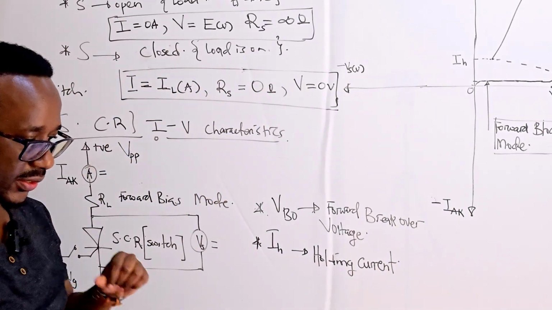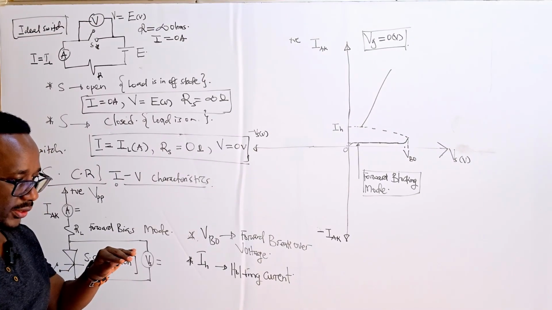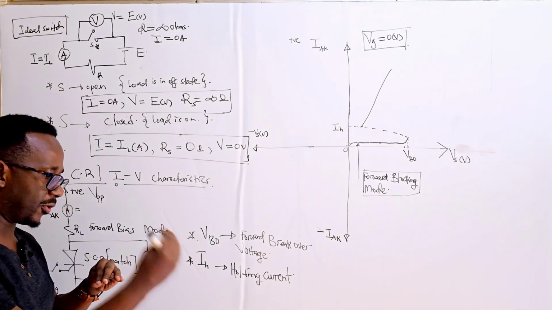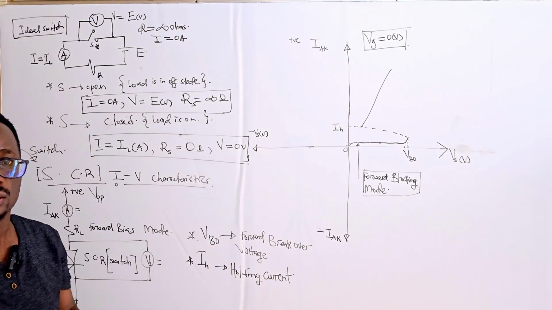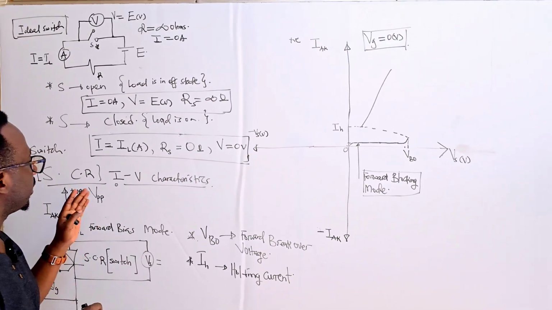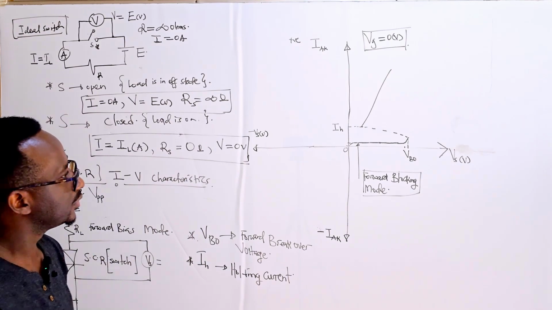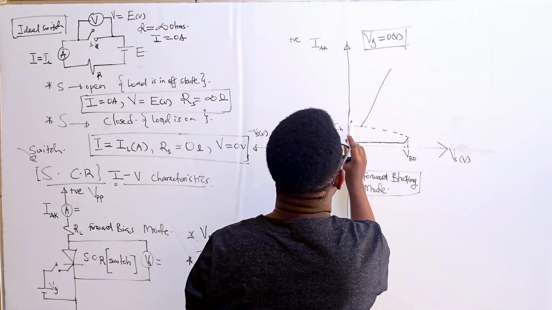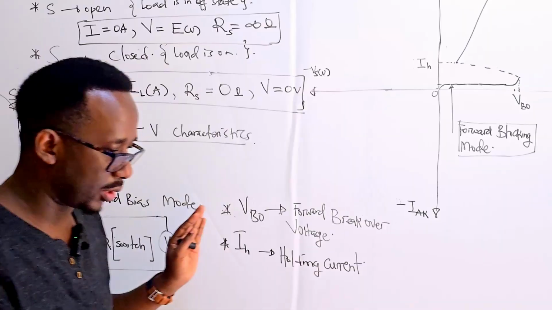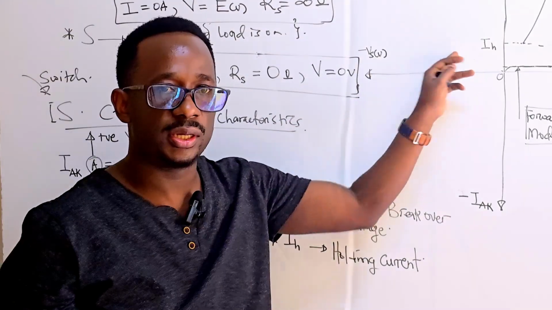It is the minimum current below which the device will go from forward conduction mode back to forward blocking mode, whereby the thyristor or the SCR is off again. So to make sure the device stays on, we must not go below the holding current.